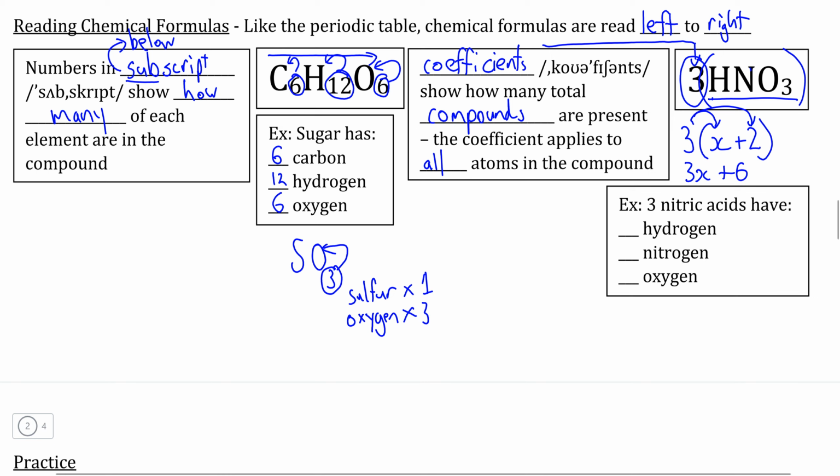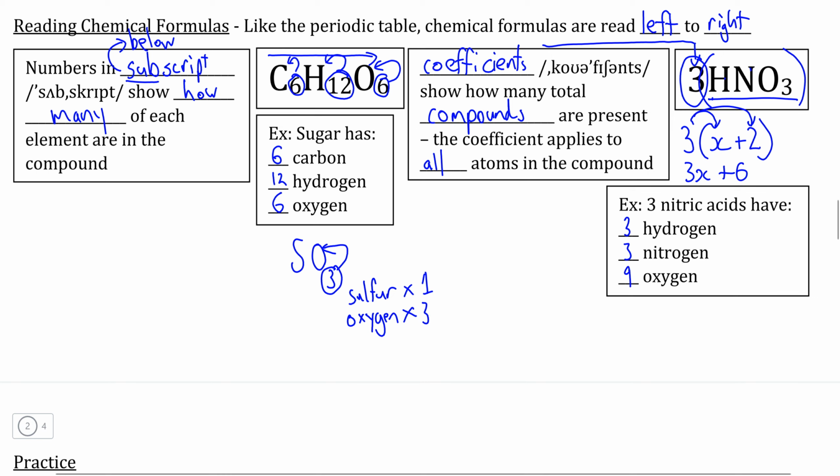So if we want to count the total number of hydrogen, nitrogen, and oxygen in this compound, we would simply take 3 and multiply it by each of the atoms. So 3 times 1 hydrogen is a total of 3 hydrogens. 3 times 1 nitrogen is a total of 3 nitrogens. And because we have 3 oxygens per nitric acid compound, 3 times 3 is a total of 9 oxygen.